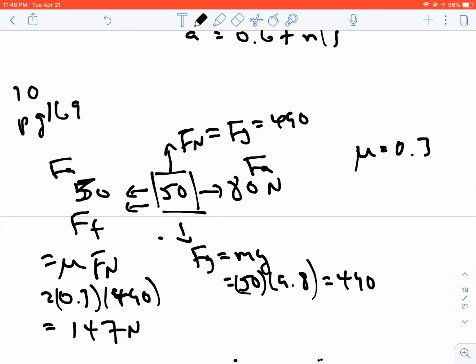Oh, I'm seeing how this is twisted now. So the frictional force is 147 newtons.